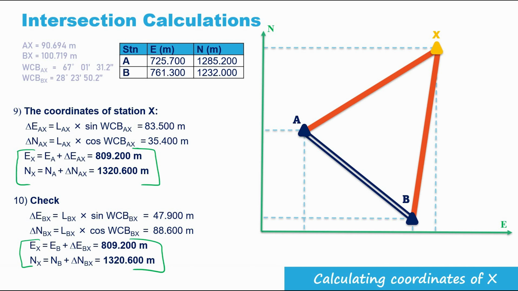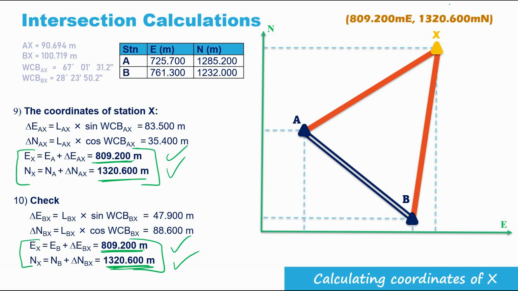Okay, guys, now we have calculated the coordinates of station X from station A and we used station B to check our answers. So let's compare them. Easting of X, it's 809.2 meters, the same here and here, so this is correct. And northing of X is 1320.6, and here 1320.6, and this is correct. So all of our calculations are correct.